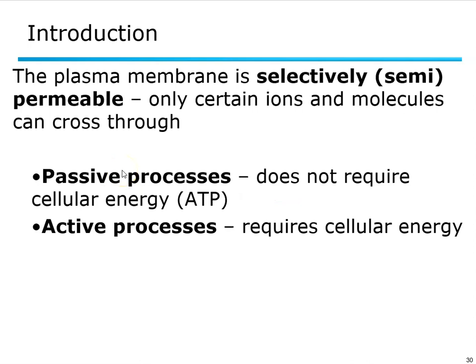Regarding the transport, we have some processes requiring energy. These are active processes. And those which are not requiring energy are called passive processes. Then we have active transport requiring energy, and passive transport through the membrane doesn't require energy.